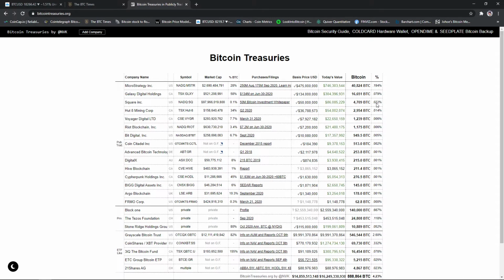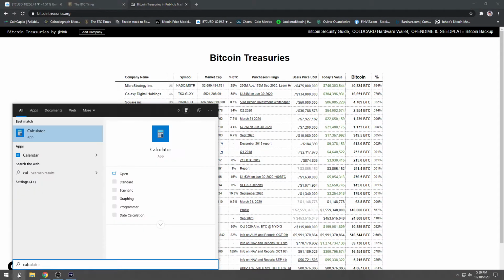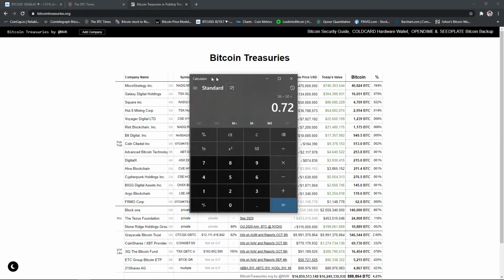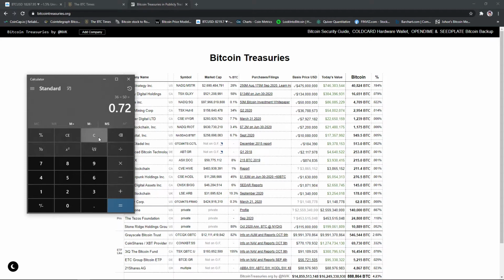This must be the rate of return, 2%. Is that right? Let's see. Get my calculator. 86 minus 50, divided by 50. I don't know, that's 7%. That might be the total percentage of Bitcoin.